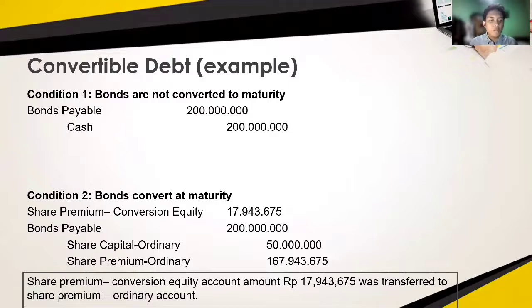The share premium conversion equity account amounting to 17,943,675 rupiah was transferred to the share premium ordinary account.